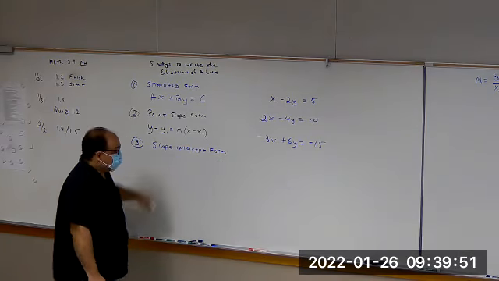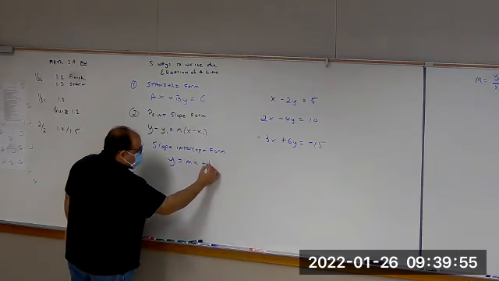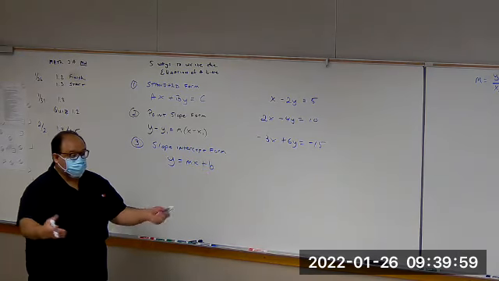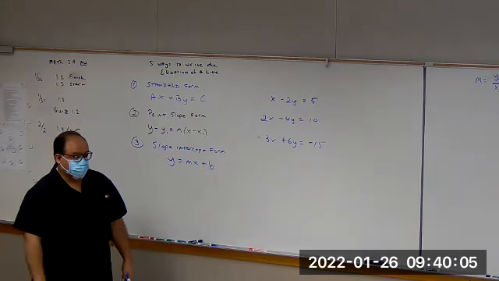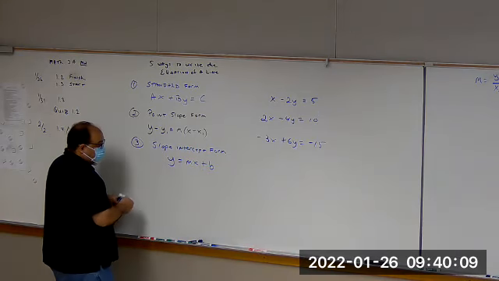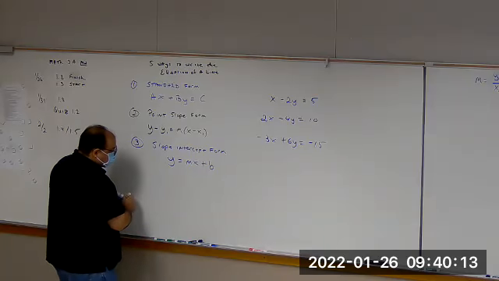When you do slope intercept form, there's only one way to get that answer. There's only one final answer. Because y is by itself. And slope intercept form is exactly that. You have the slope. M is the slope of the line.